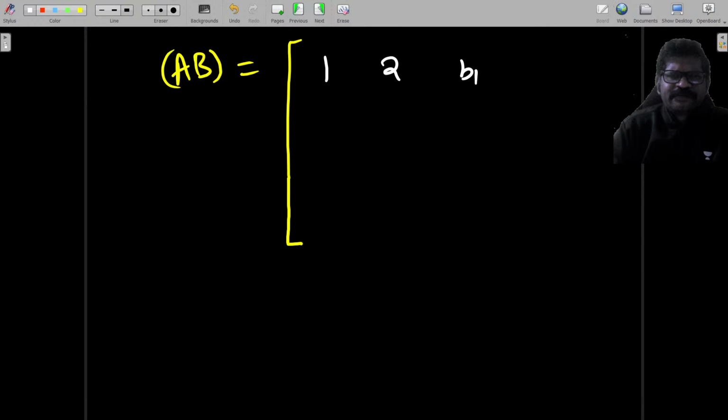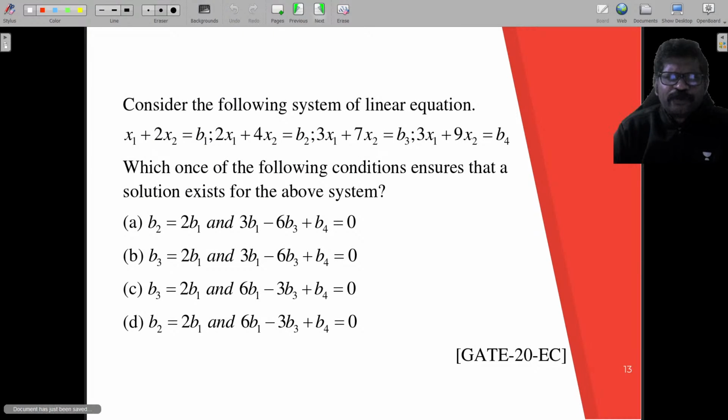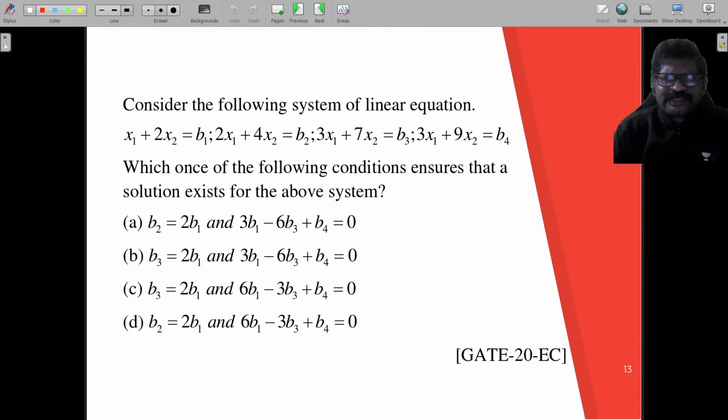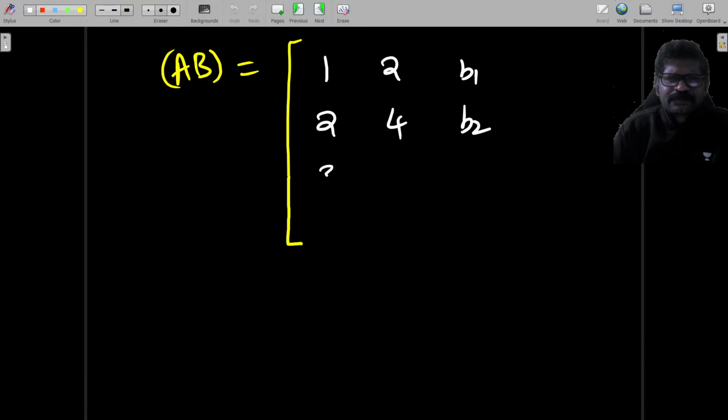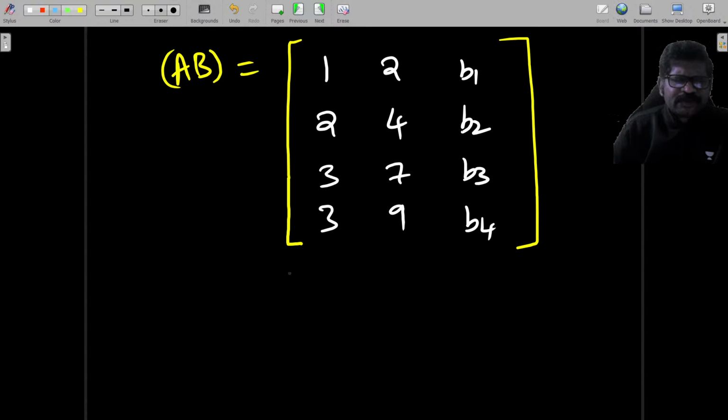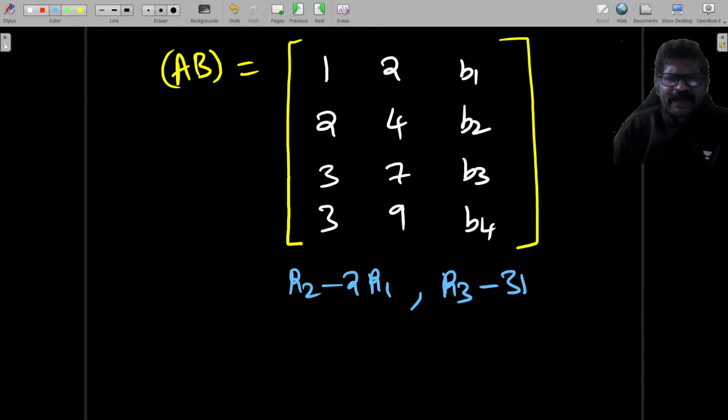1 2 B1, 2 4 B2, 3 7 B3, 3 9 B4. Next, R2 minus 2 times R1, R3 minus 3 times R1, R4 minus 3 times R1.